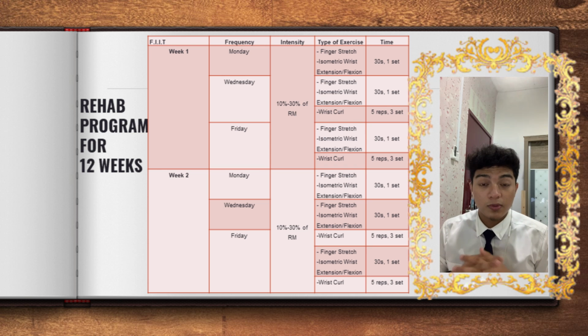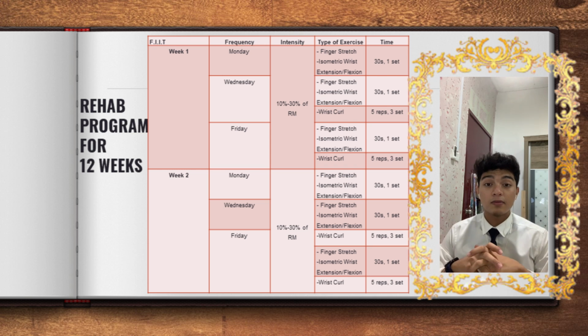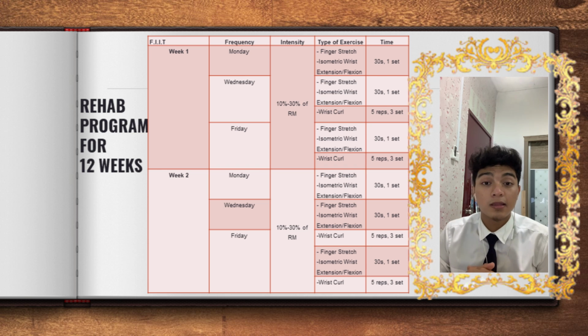Now we proceed to the rehabilitation program for 12 weeks. First of all, for this rehabilitation program, we refer to the FIT principle, which is F for frequency, I for intensity, T for type of exercise, and T for time. So we go into the first week of the rehabilitation program.